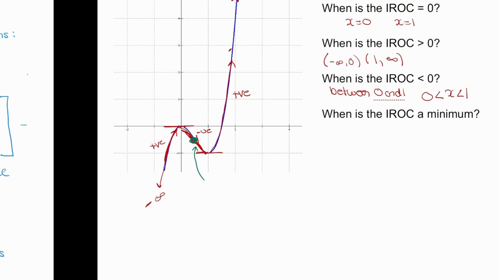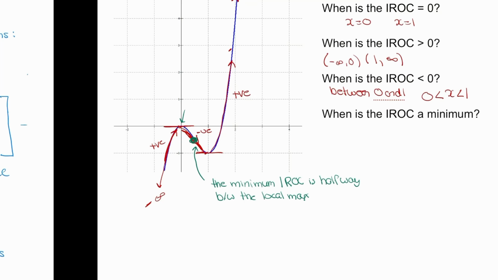So the minimum instantaneous rate of change is halfway between the local maximum.